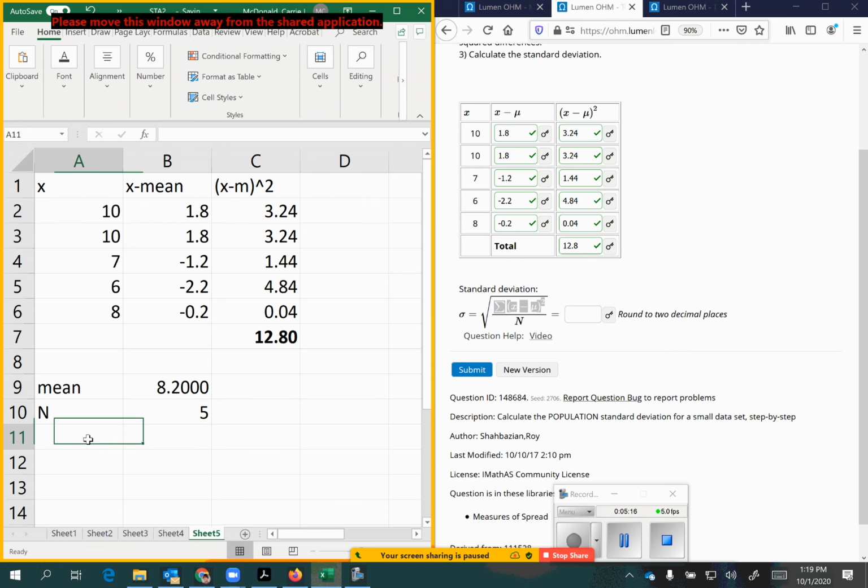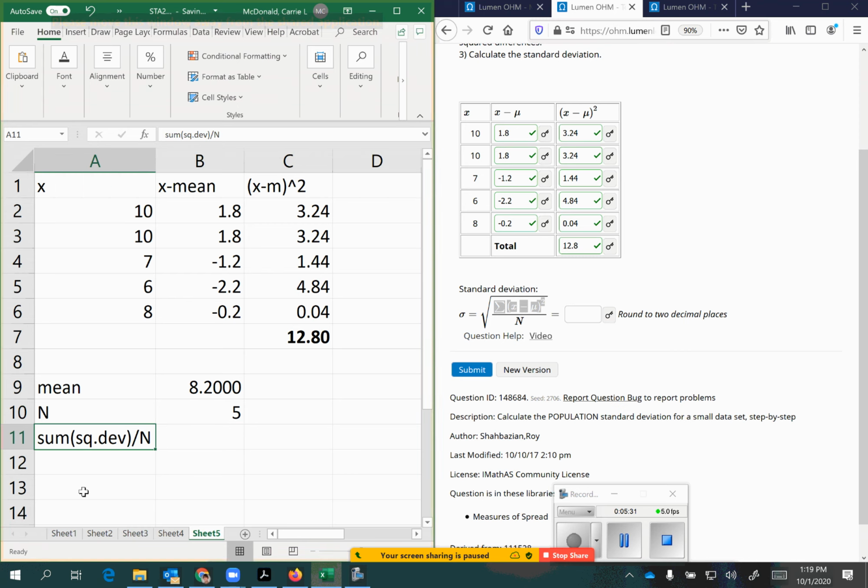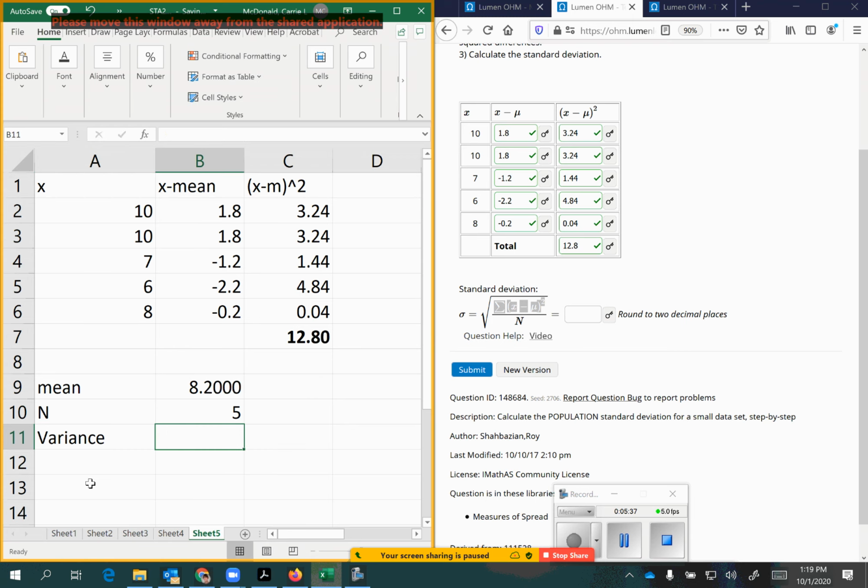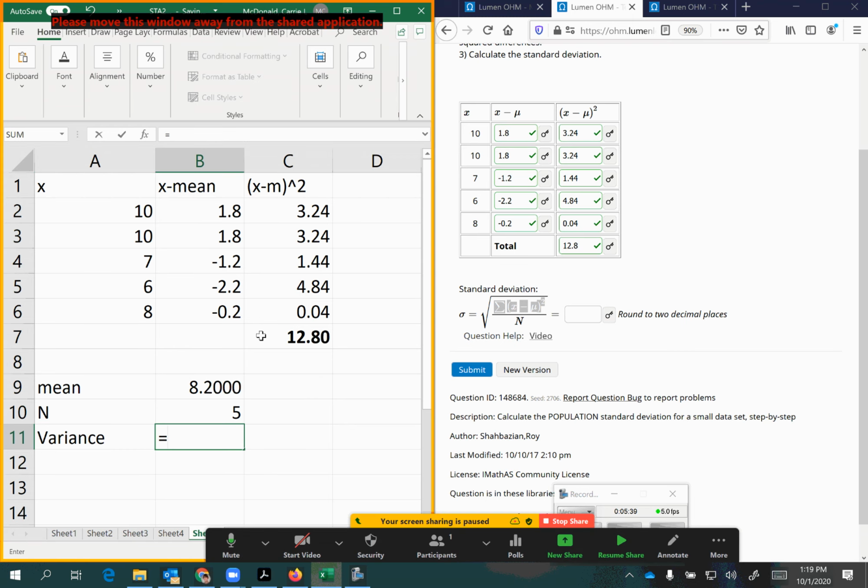So I'm going to take my sum of squared deviations and divide that by n. And when we do this, that is going to be our population variance, sigma squared. So take that sum, divide by n, and there is my variance.